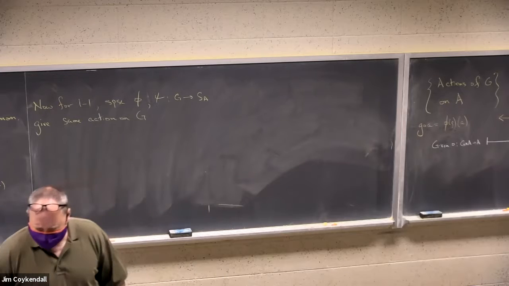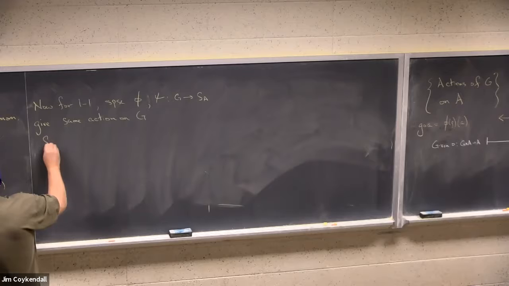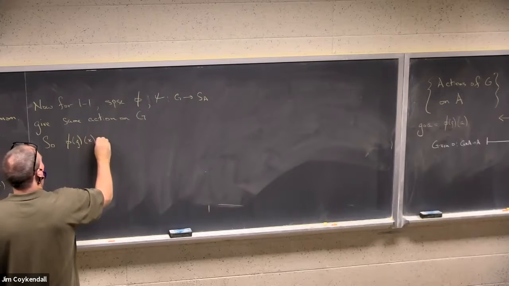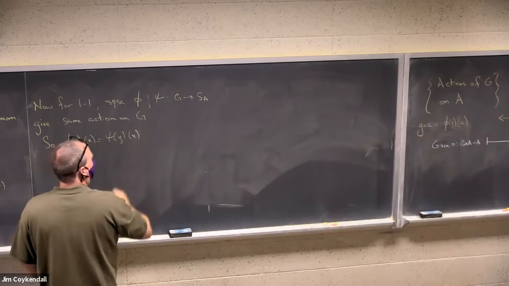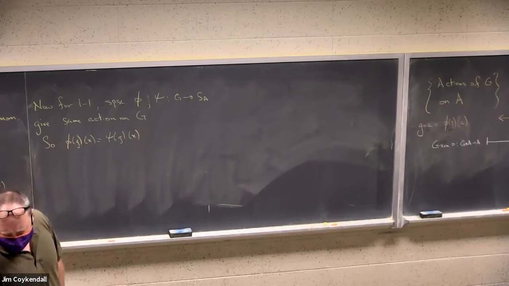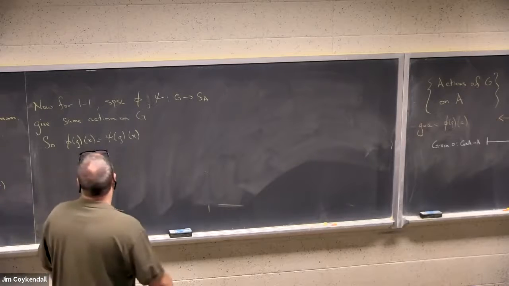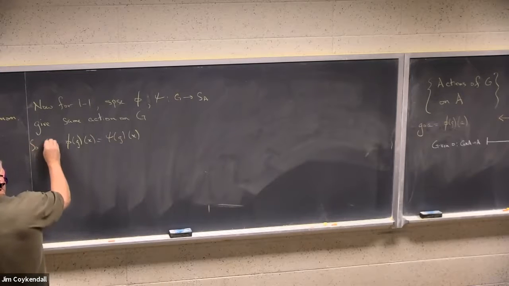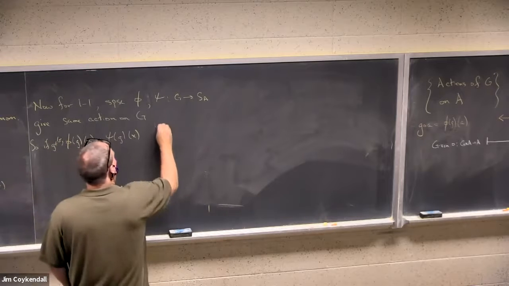So what does it mean to give the same action? Phi of G of X and psi of G of X are equal, where G is in the group, and this is true for all X in A.